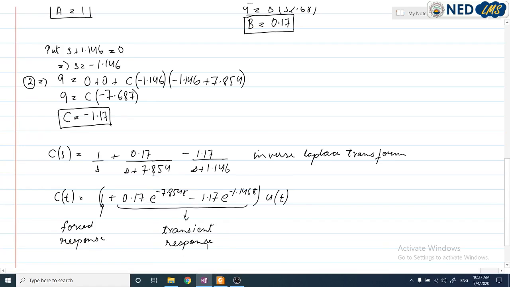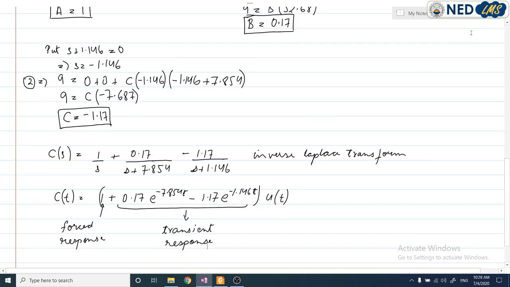So again here, if we talk about the poles, the input pole at the origin is responsible for the forced response here, and the two poles of the system produce this transient response, and its exponential frequency, which is minus 7.854 and minus 1.146, is equal to the pole location.